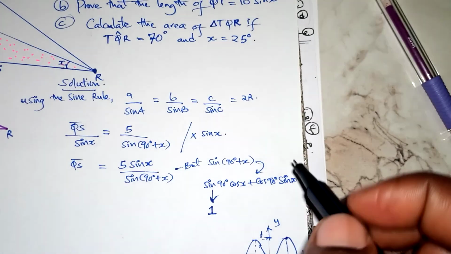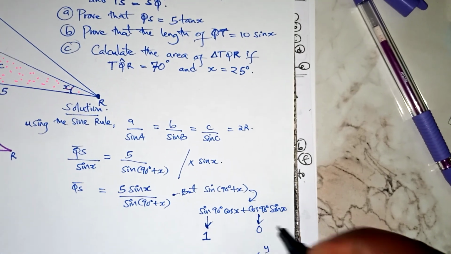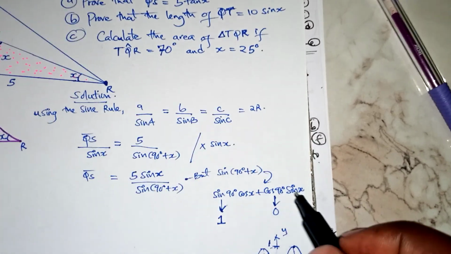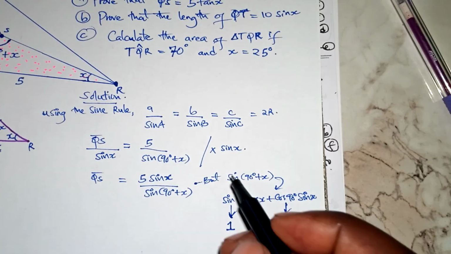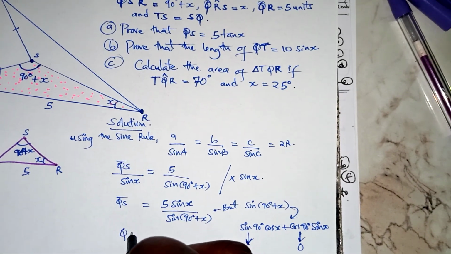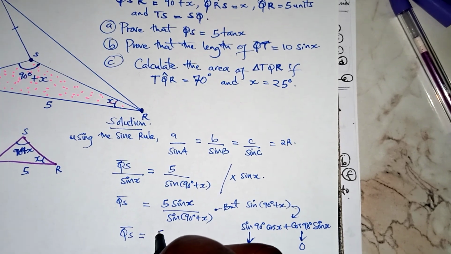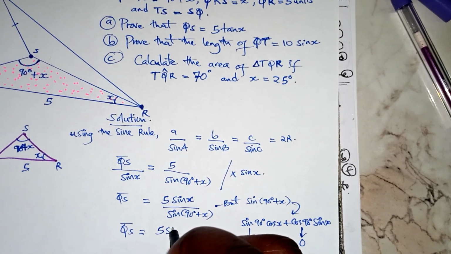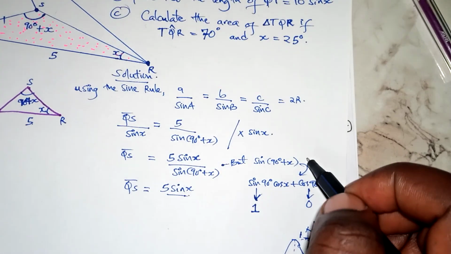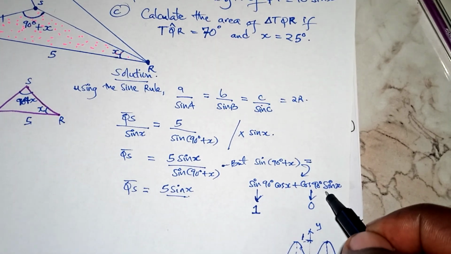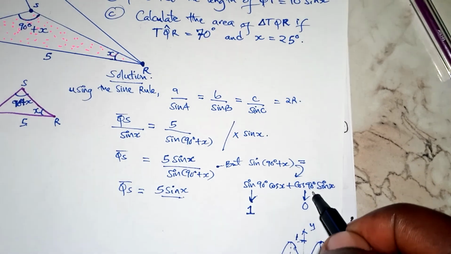Cos is the other way round. Cos is 0. Therefore, this term dies out. We remain with cos x. Therefore, QS is 5 sine of x over cos x.